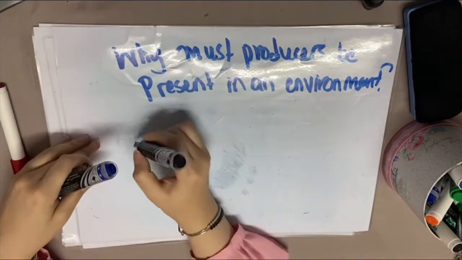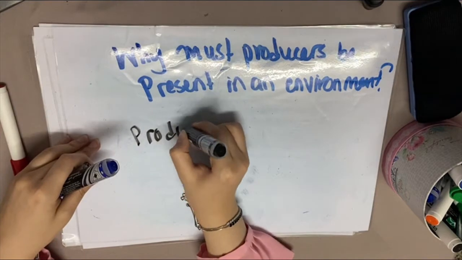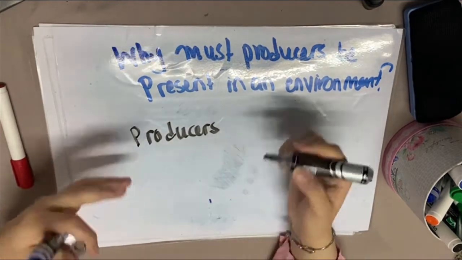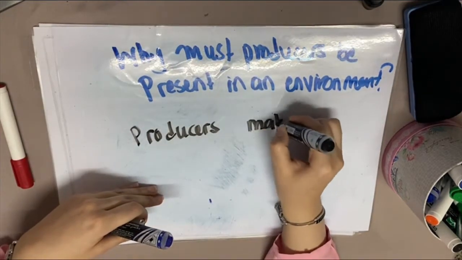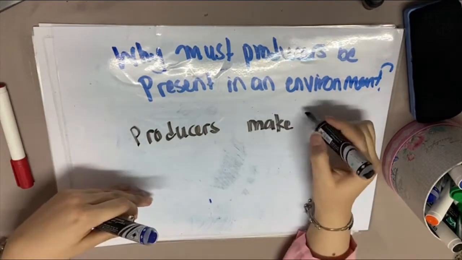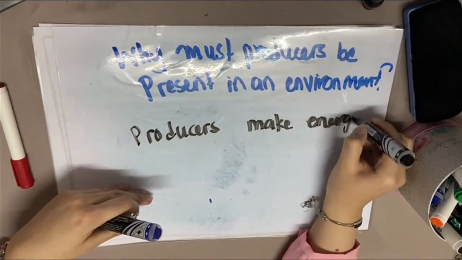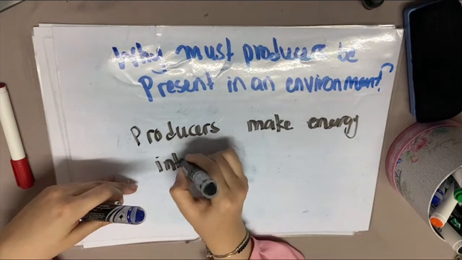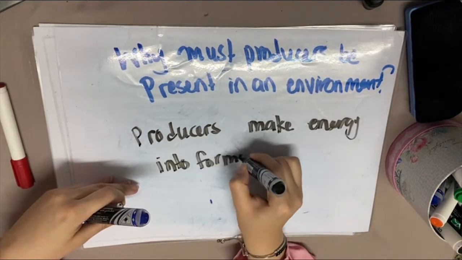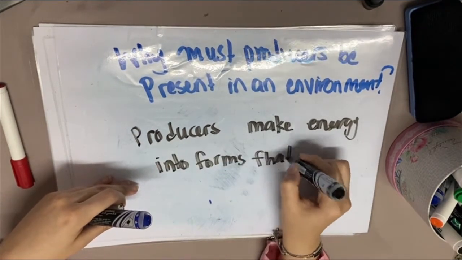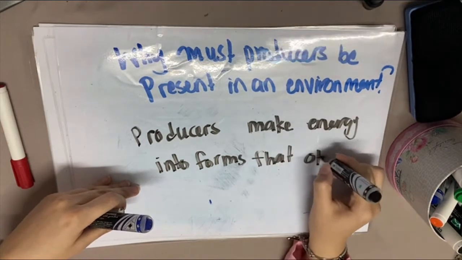How? Because producers are the ones that make energy, make food from energy. Producers make energy into forms that are available to other organisms to use.